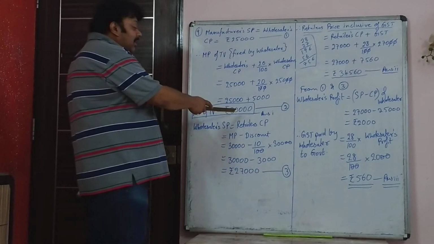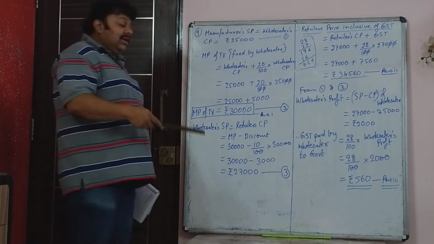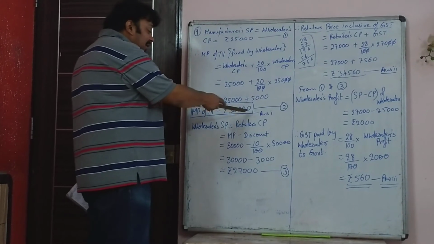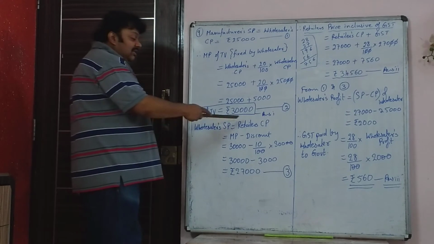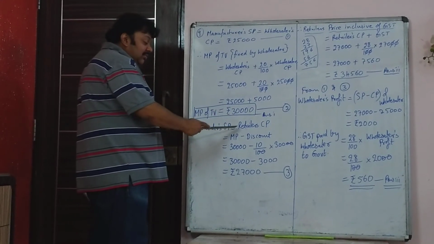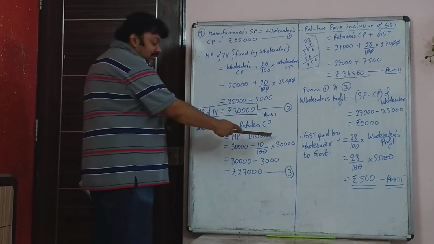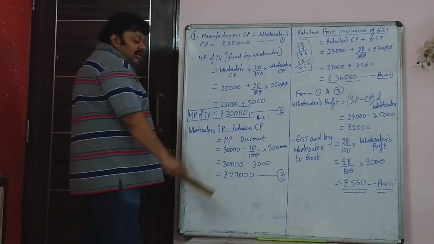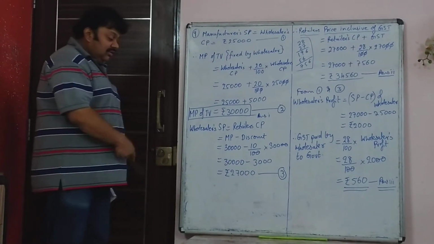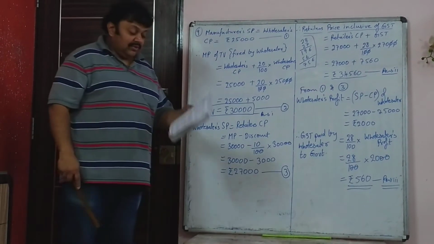So even though he marked it at 30,000, he is not selling it at 30,000. He is giving a 10% discount on this price to the retailer. So the wholesaler's sale price and the retailer's cost price will be this mark price minus the 10% discount. So 30,000 minus 3,000, 27,000 rupees is the wholesaler's sale price and the retailer's cost price.